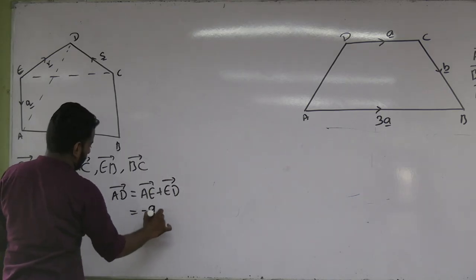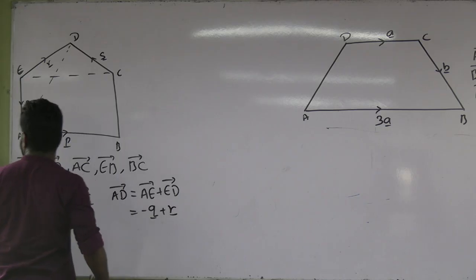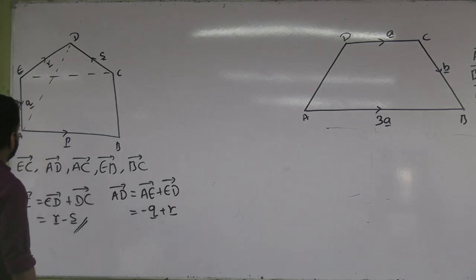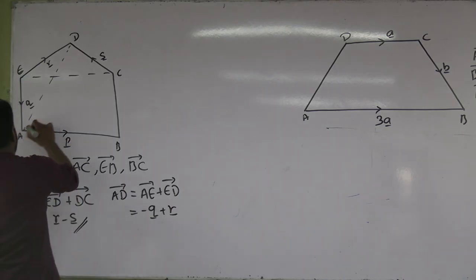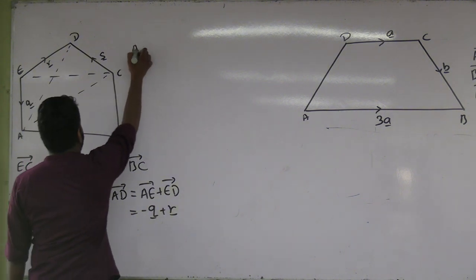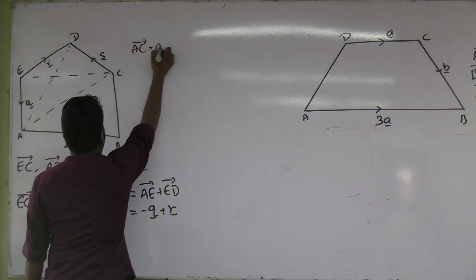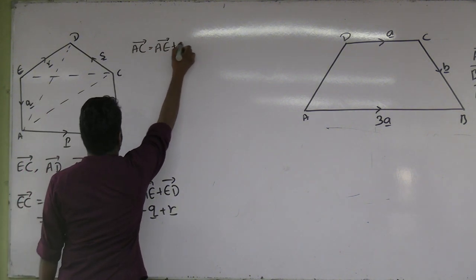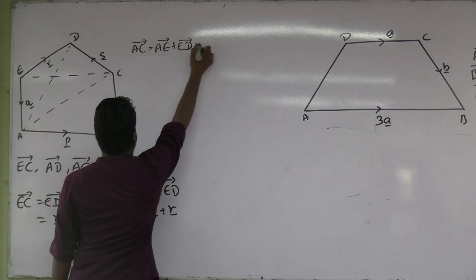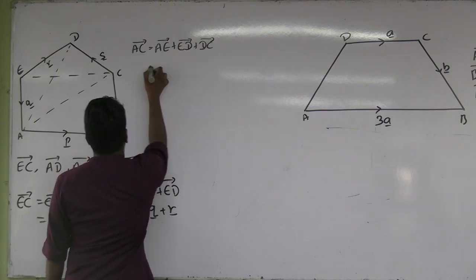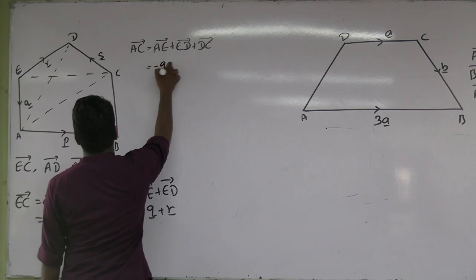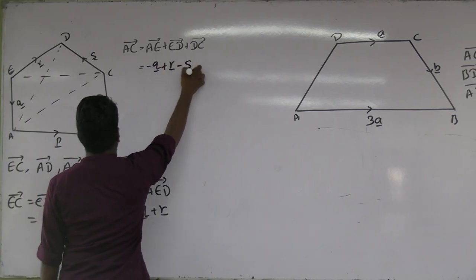AE is minus Q plus R. Right. And then the vector AC. AC equals AE plus ED plus DC. So the vector AC is minus Q plus R minus S.